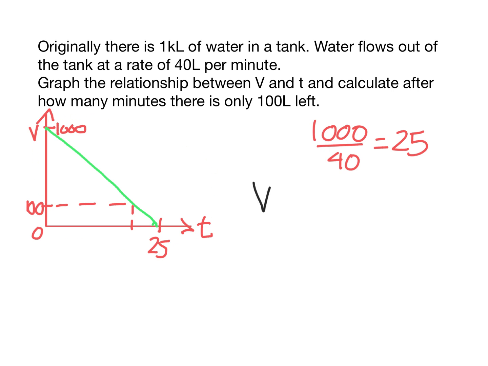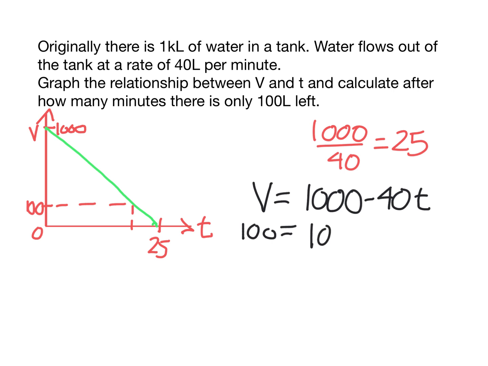The volume in the tank was originally 1,000, but we're losing 40 liters every minute. Here, T is minutes. So the volume in the tank after T minutes is 1,000 minus 40 times the number of minutes it's been leaking out. If we want to find when the volume's 100, we just substitute V for 100. So we have 1,000 minus 40t equals 100.